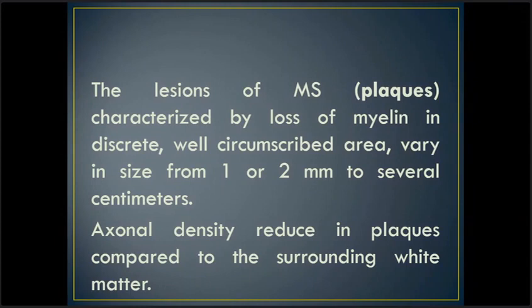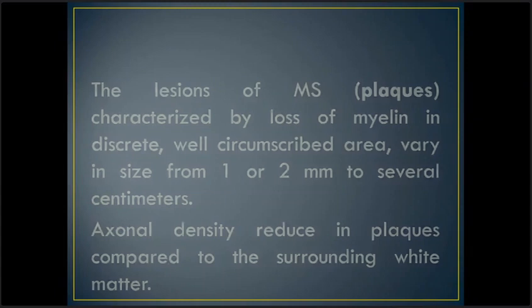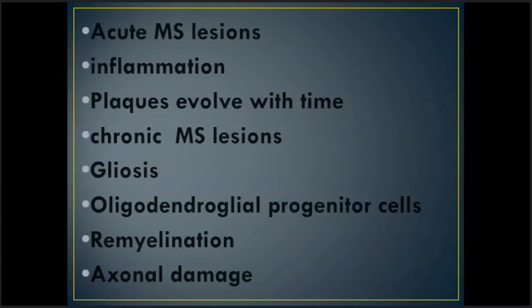If we take the plaque under the microscope, axonal density is reduced in the plaque compared to the surrounding white matter. So there is axonal loss from the start of multiple sclerosis. The plaque, the demyelination, starts in the early stage.